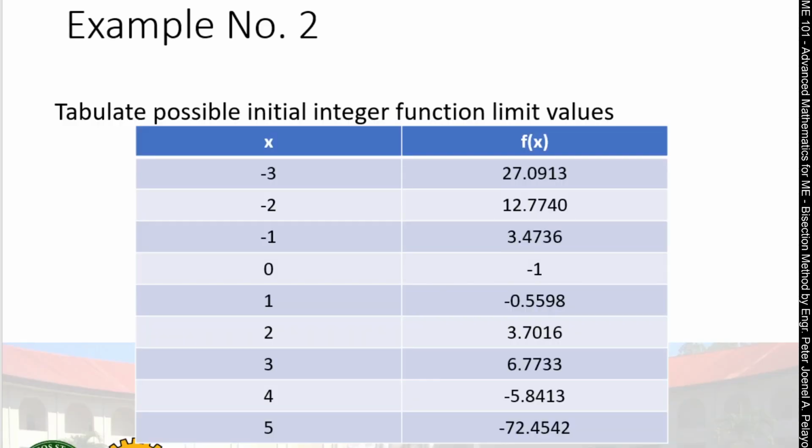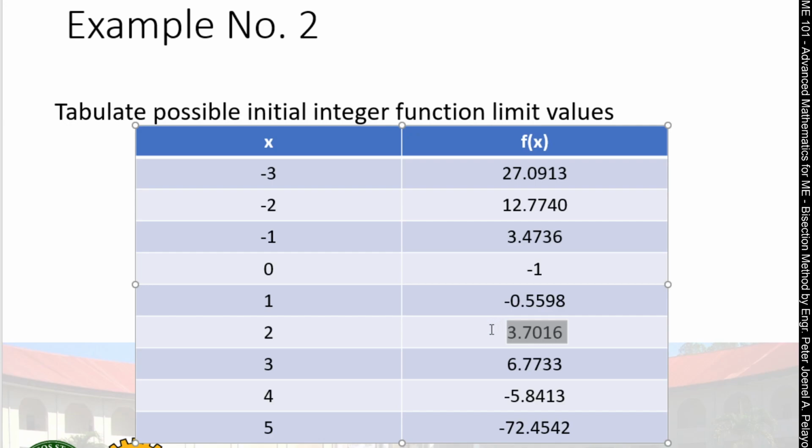Okay? So, balik tayo sa table. Makikita natin na first root is between negative 1 and 0, kasi from positive, naging negative yung sign. So, alam natin na dumaan diyan yung root. And then, second root natin between 1 and 2, kasi negative yung value ni f of x sa 1, sa 2 is positive.